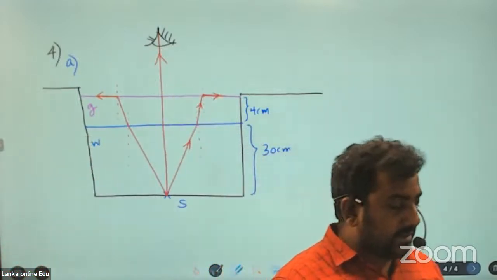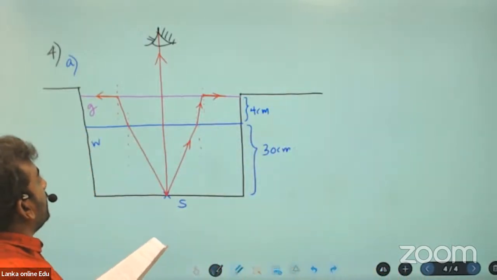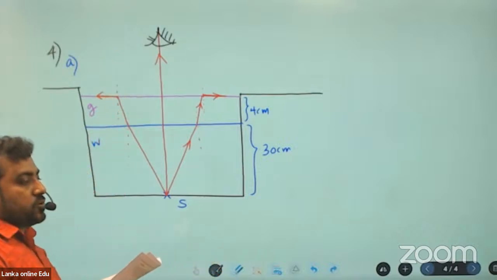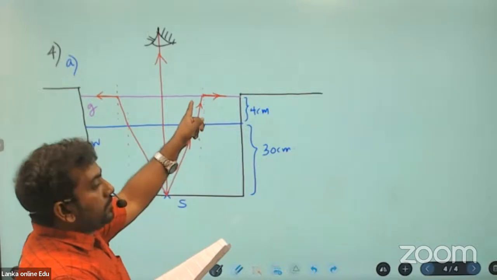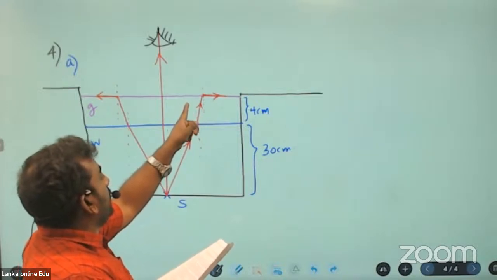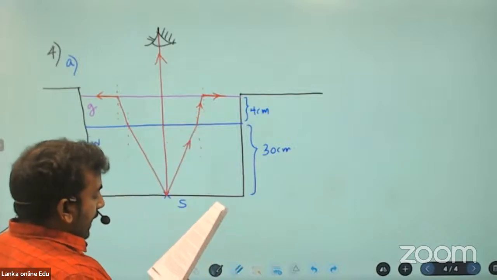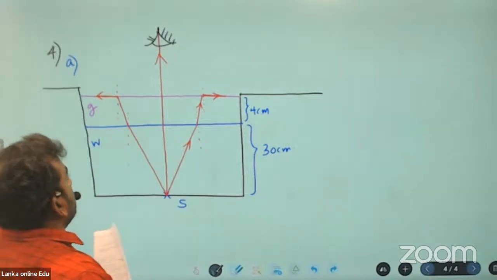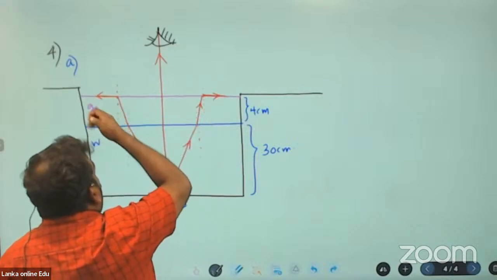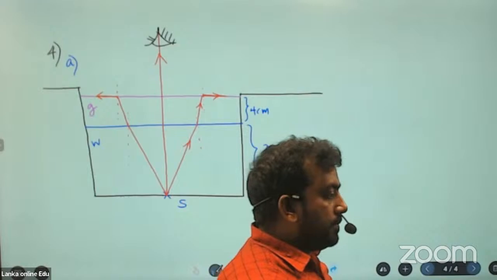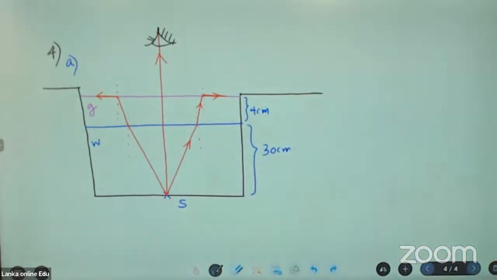So after drawing this, you can add a small sentence. As shown, when viewed from top, light rays will refract, and beyond a certain point, no light rays move out.